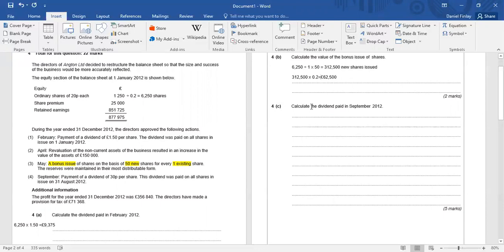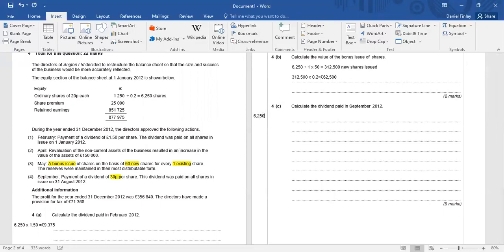Okay, and 4C, calculate the dividend paid in September 2012. So that's number 4. So payment of 30p per share this time. The dividends were paid on all shares in August 2012. Well, the issue was in May, so in August we have more shares. So at the beginning of the year, we had 6,250 shares.